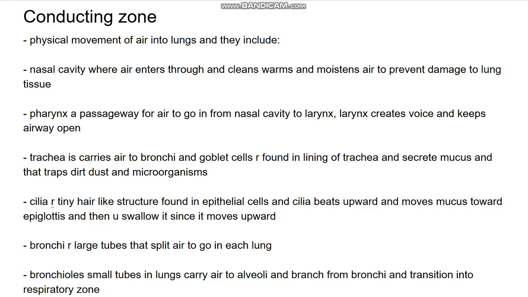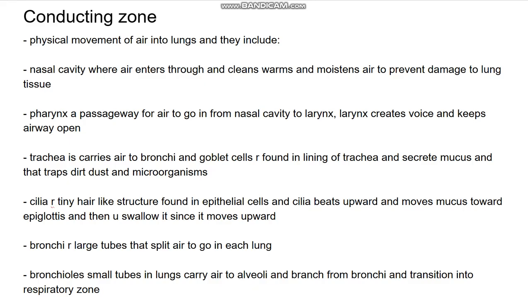And then we have your trachea, which is a passageway for air to go through from the trachea to the bronchi, and it also has goblet cells in its lining, and it secretes mucus and traps dirt, dust, and microorganisms.